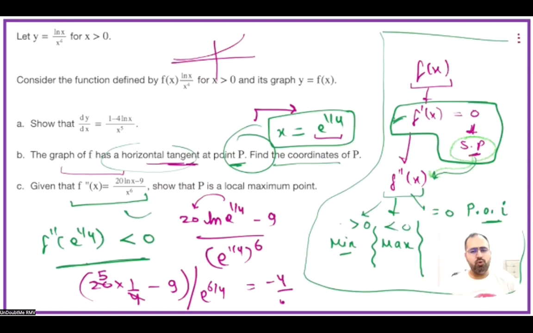So minus 4 over e to the power 6 by 4, which is e to the power 3 by 2. After this, you don't have to solve because it is clear that this value is negative, and hence it is proof that point P is a local maximum point. And yeah, if you want, you can use a calculator and you will get a proper decimal answer, but it will be negative only.